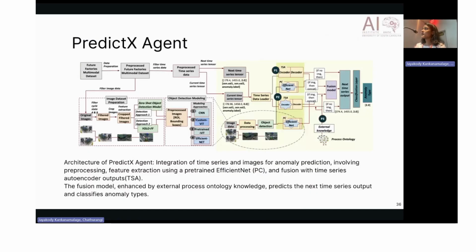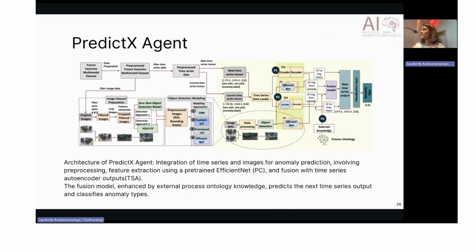And here we also employ the process ontology that I explained earlier. We use external knowledge included in this process ontology, for example, information like the normal sensor ranges of the sensors in this manufacturing facility. We infuse that knowledge in the middle of the training process, so we call this a knowledge infused learning approach.